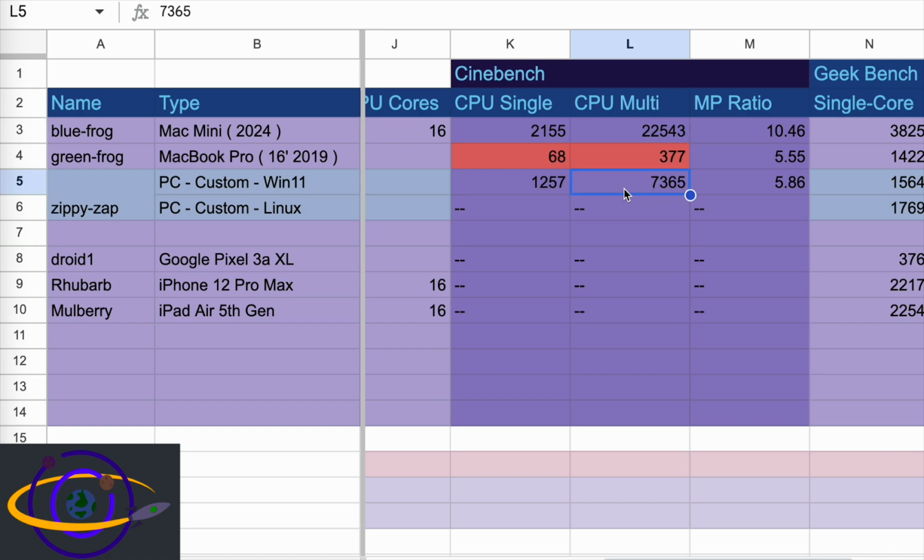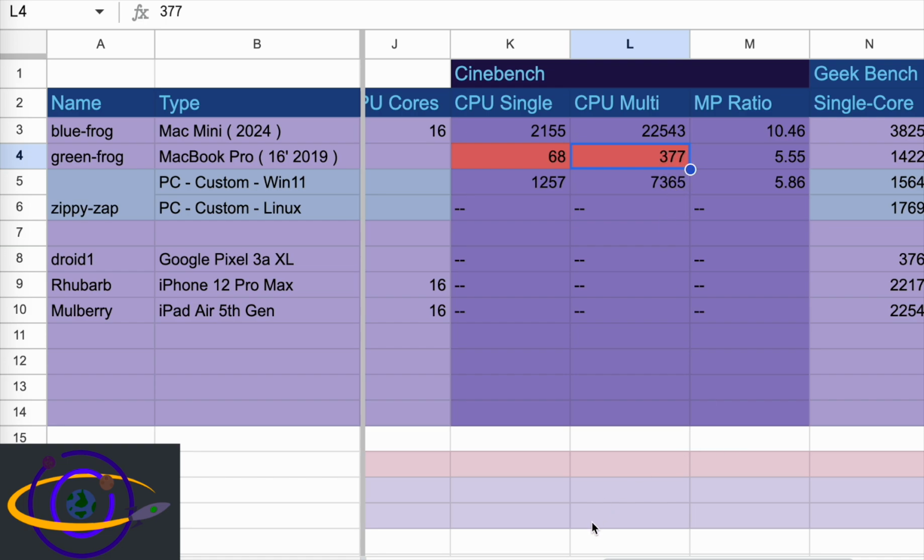In terms of raw CPU power, it's totally destroying my custom built PC. It's a whole lot better performance, but yeah, this for whatever reason is getting a really low score. So it's up a little bit because it's multi-core, but still a really ridiculously low score on this MacBook Pro.